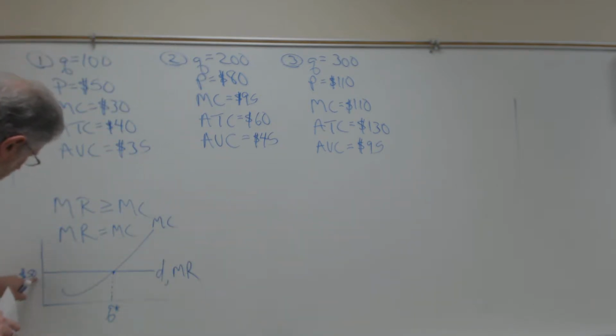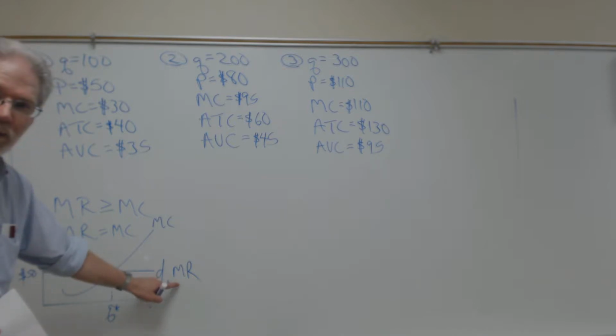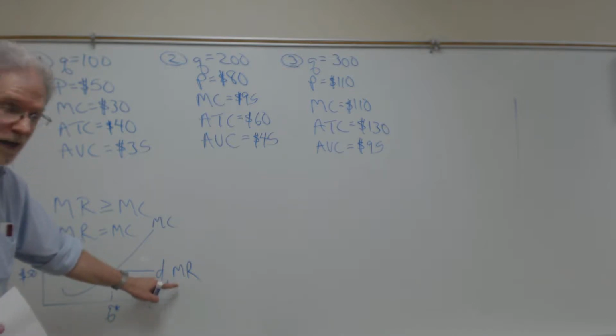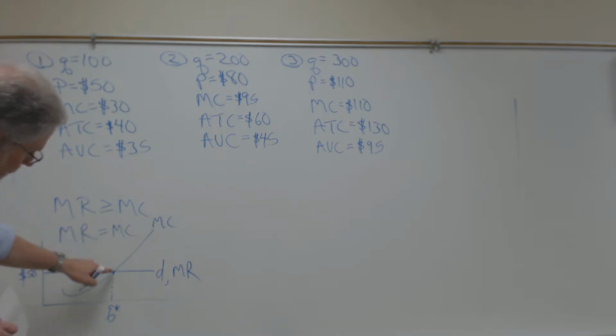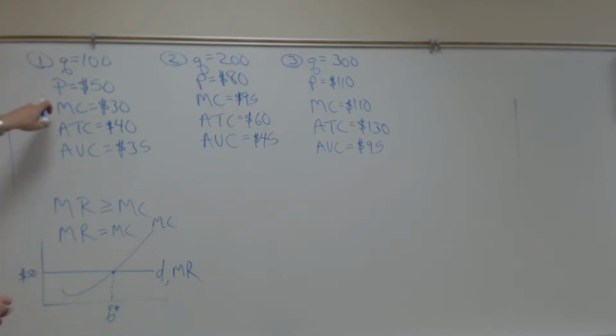Is the firm producing where MR and MC are equal? Well, since the price is 50, that means the marginal revenue is 50. Is the firm producing where its marginal cost is 50? What are we told? It's producing where its marginal cost is 30. So on the graph, 30 is somewhere down here.